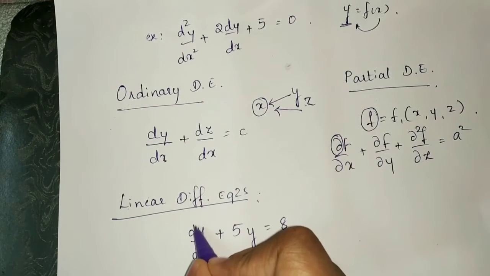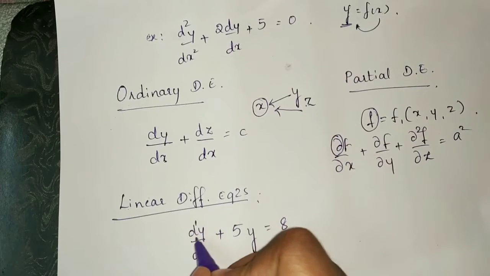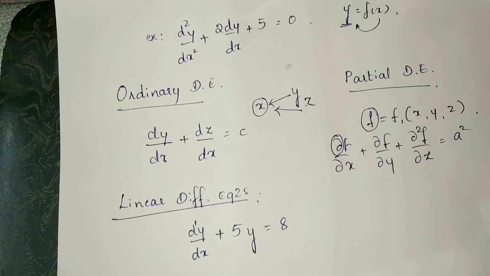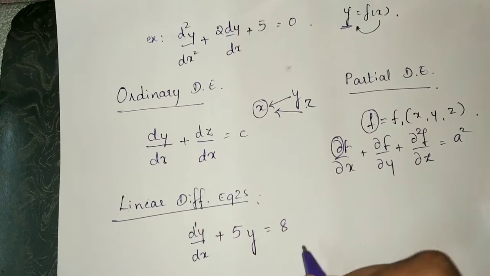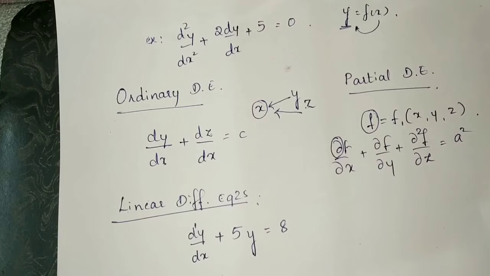It is d raised to 1, dy, one time differentiated with respect to x for y. So, the order will be 1 in this case. Again, as you know, the degree of a differential equation is the power of the highest derivative involved in it.